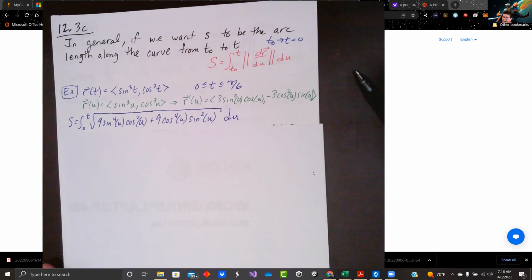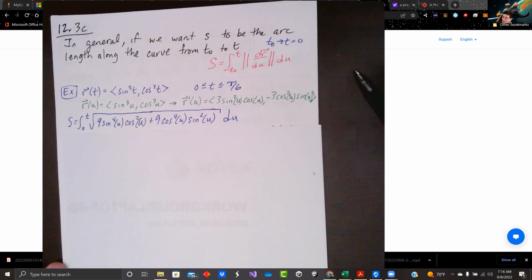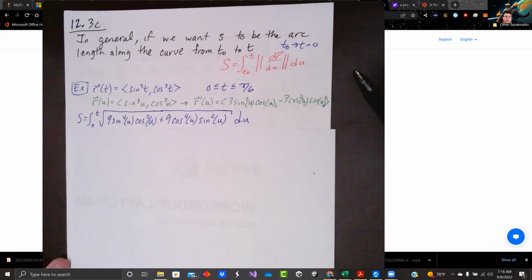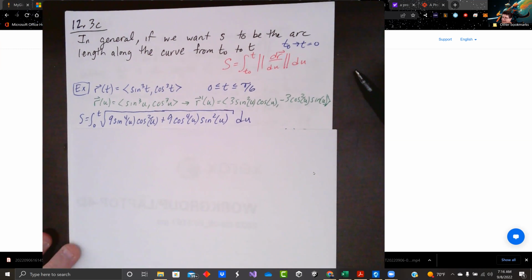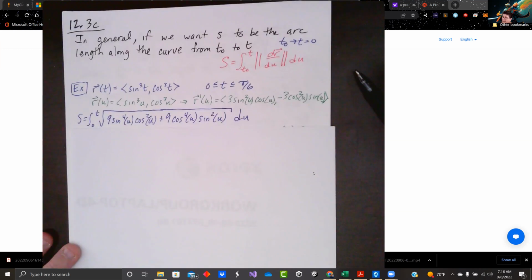Squaring the negative 3 gives us 9. Squaring the squared term gives us something to the 4th power. So we got 9 sine to the 4th u cosine squared u plus 9 cosine to the 4th u sine squared u. We can factor out a 9, and we can factor out sine squared u and cosine squared u.